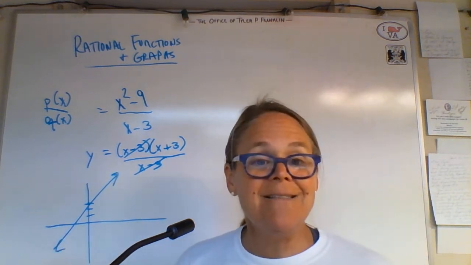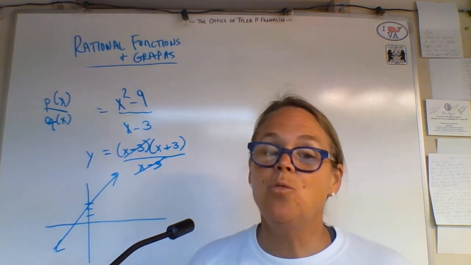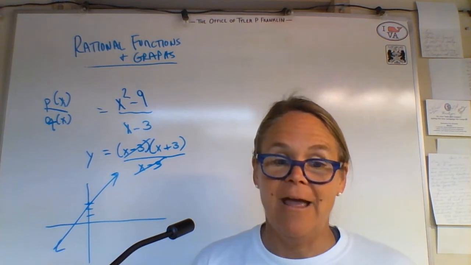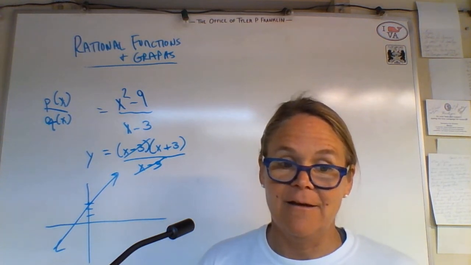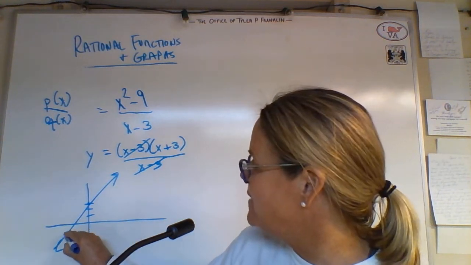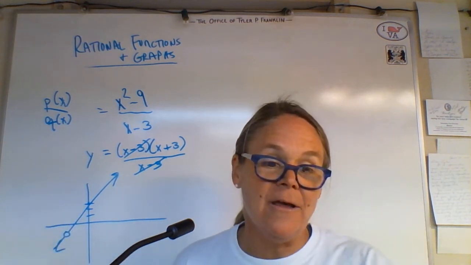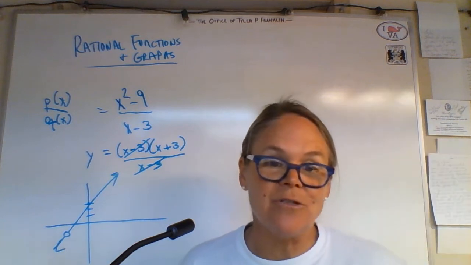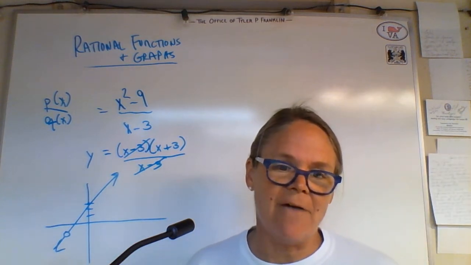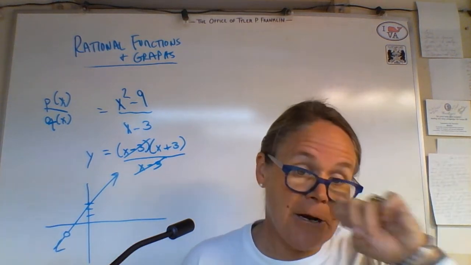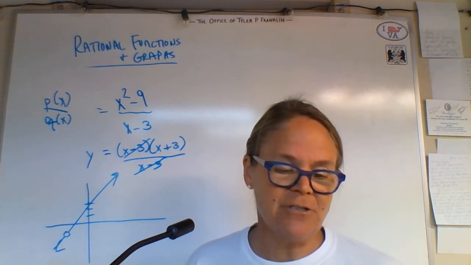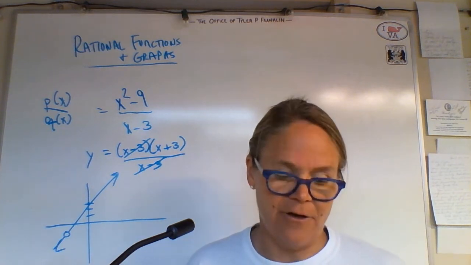But if you went to the table, you would see error at -3, which means at -3 there's a hole in your graph, but you don't see that when you graph it. Again, that is higher-level stuff, but it gives you an idea of the graphs.